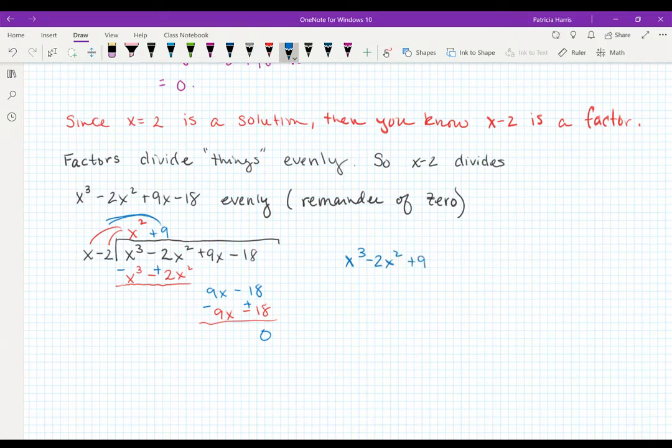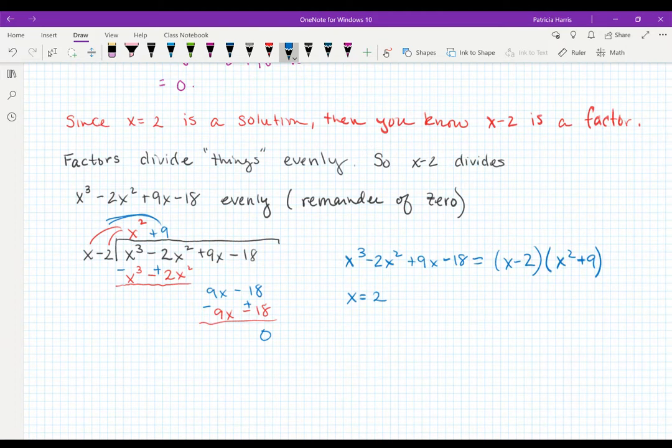So right now, what you know is this: x cubed minus 2x squared plus 9x minus 18 is equal to x minus 2 times x squared plus 9. You also know that x is equal to 2.